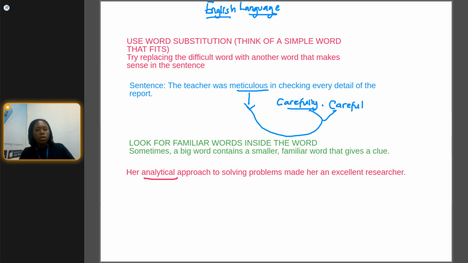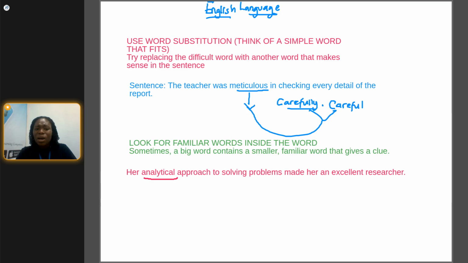Now, you want to look for a familiar word inside this word. Maybe you can't tell what this word means, but you're trying to figure out the familiar word in it. Because once you hear the word analytical, you're like, okay, I think I've heard something like this before.